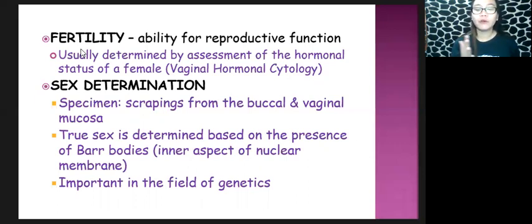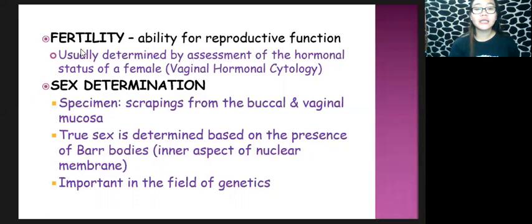But for exfoliative cytology, it's more on female fertility. So particularly, we are evaluating the hormonal status of a female via your vaginal hormonal cytology.